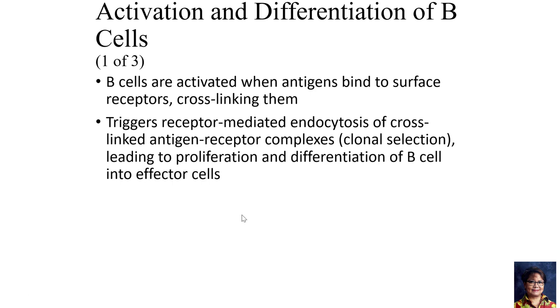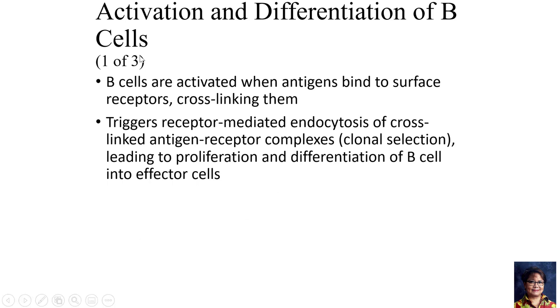So how does this happen? Well, first of all, the B cells are activated when antigens bind to the surface, and it triggers a process, the receptor mediated endocytosis, leading to the proliferation and differentiation of B cells into effector cells.